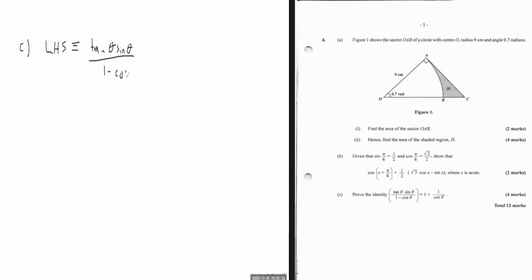Tan theta, as we know, is sine theta over cos theta. So we can rewrite the tan part as sine theta over cos theta, and of course this is being multiplied by sine theta, but then all of this is being divided by 1 minus cos theta.